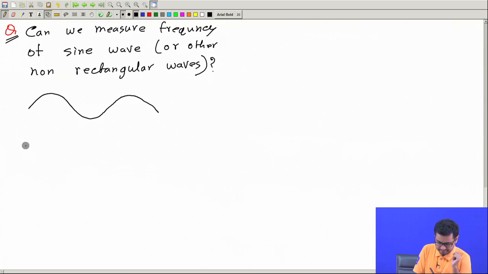Then what do we have to do? We have to somehow convert this sine wave into a square wave with the same frequency, and then give it to the counter.